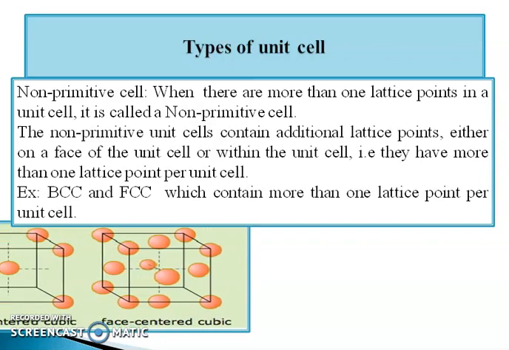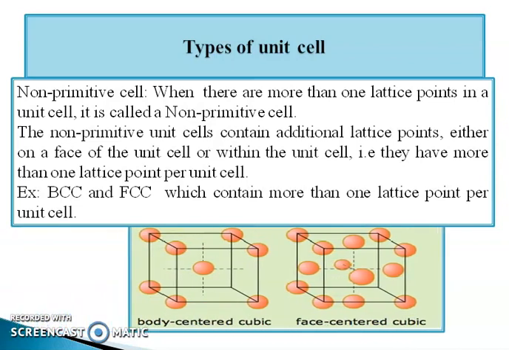BCC and FCC are nothing but body-centered cubic structure and face-centered cubic structure. In body-centered cubic structure, in addition to these 8 corner atoms, we have one atom at the center of this unit cell. Then it is called body-centered cubic structure.